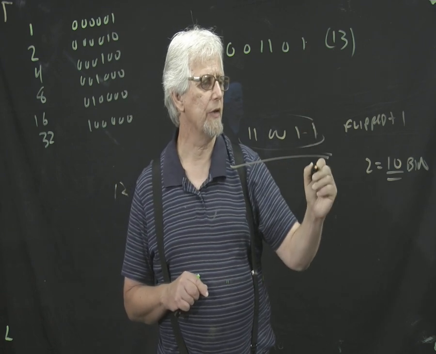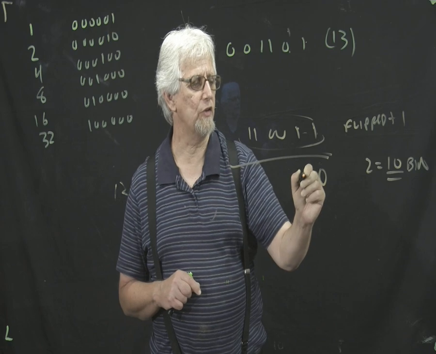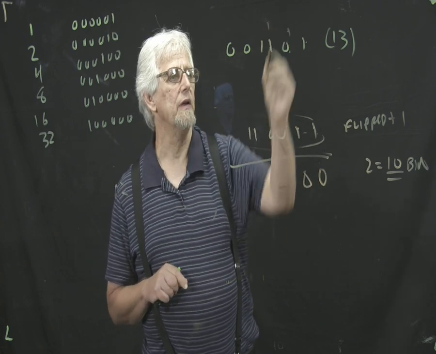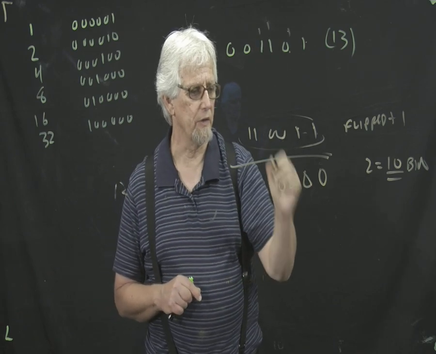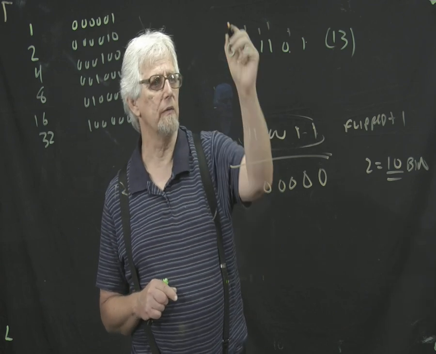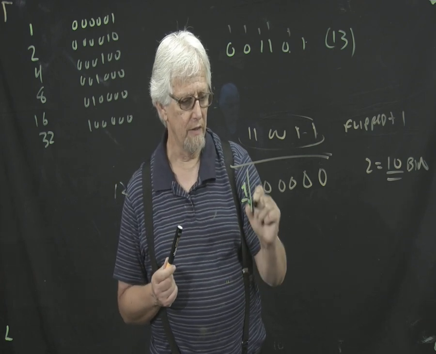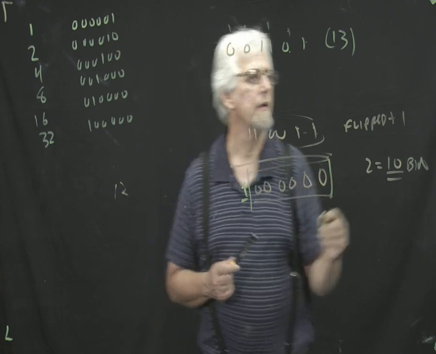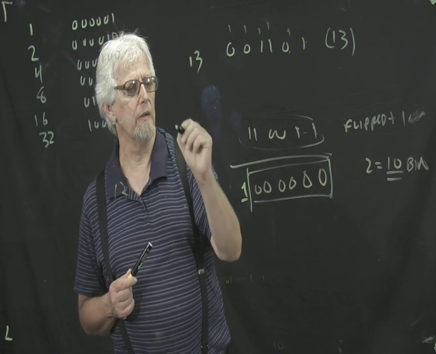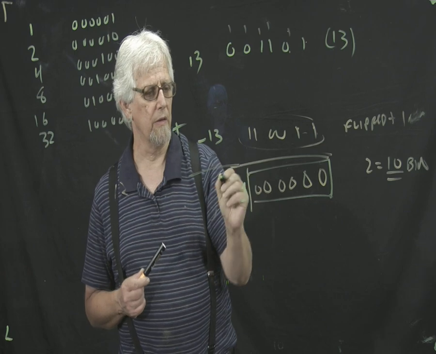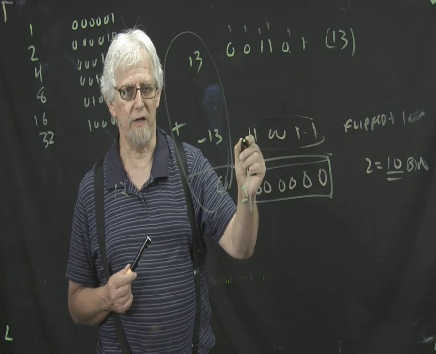One plus 1 is 0, 1 to carry. 1 plus 0 plus 1 is 2, that's 0 and 1 to carry. 1 plus 1 is 0, 1 to carry. 0, 1 to carry. 0, 1 to carry. 0, and then we get our 1 which came off the carry over here, and we have our answer. 13 plus a negative 13 is equal to 0.